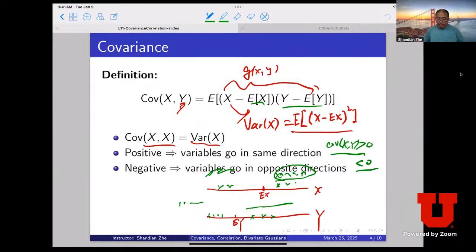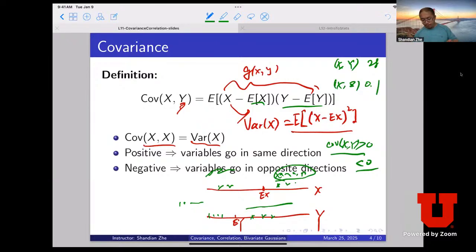Okay, great. And what does the size of covariance mean? For some pair X, Y, you get covariance to be 0.8. For some other pair, say X, Z, you get covariance 0.1. What does this difference in size imply? It implies how consistently these two random variables vary.